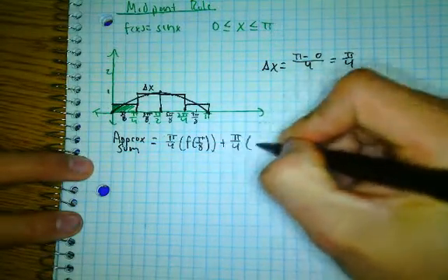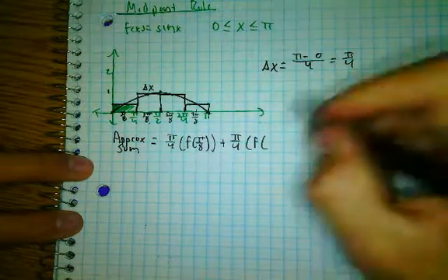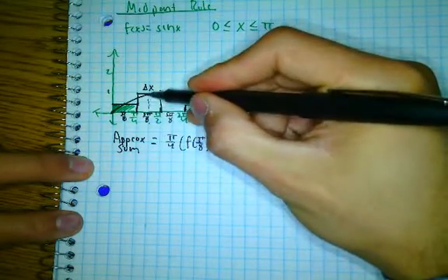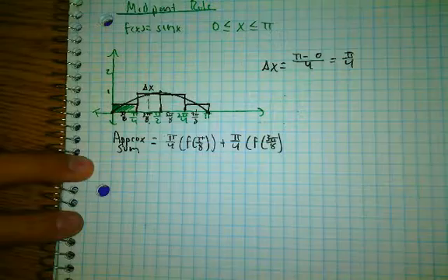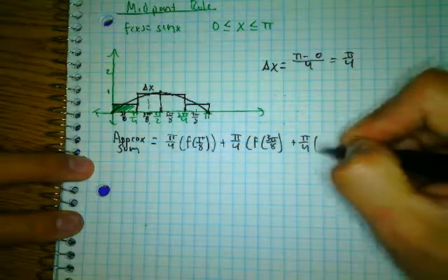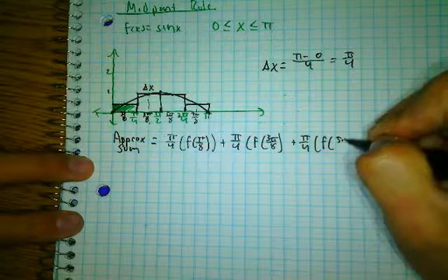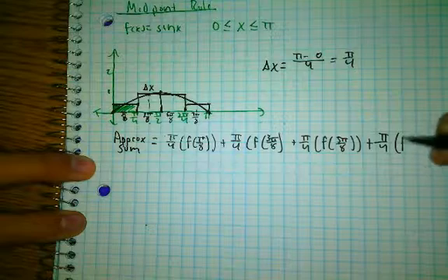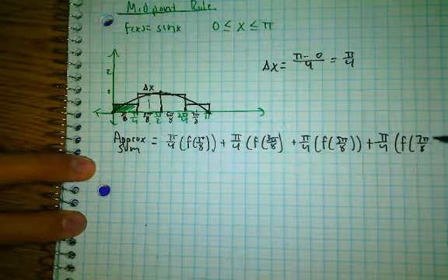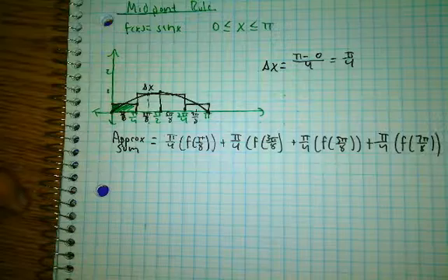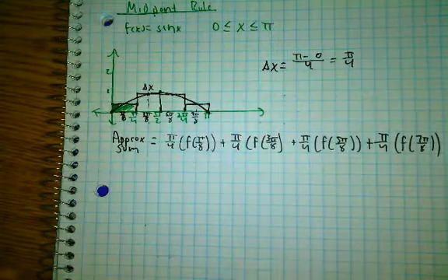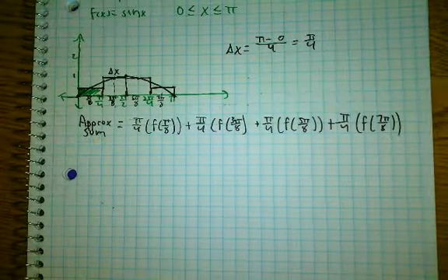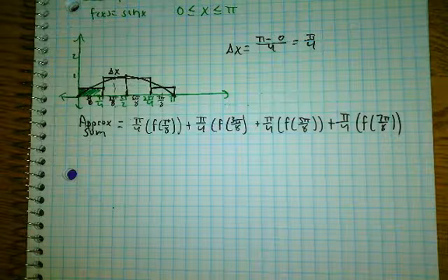Agreed? Plus pi over 4 times f of 5 pi over 8. Plus pi over 4 times f of 7 pi over 8. And that would give us all this area right here.